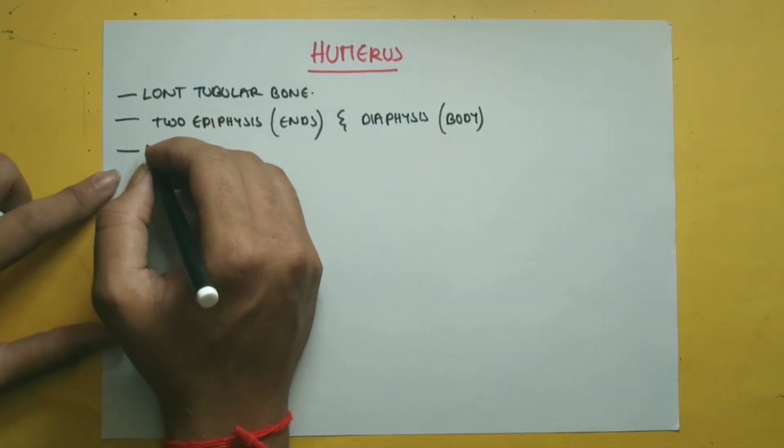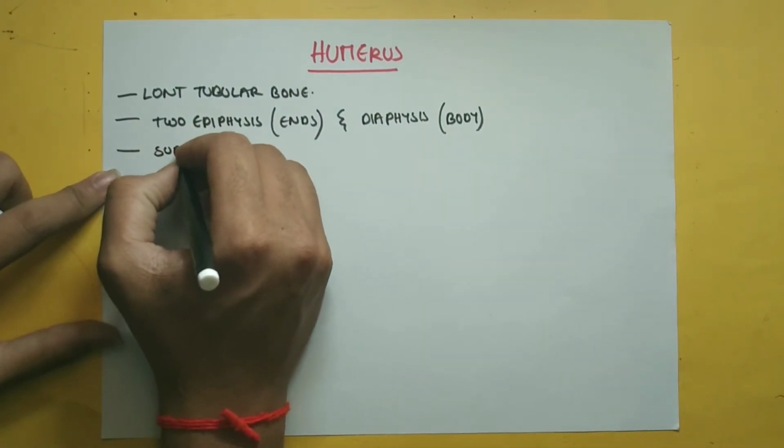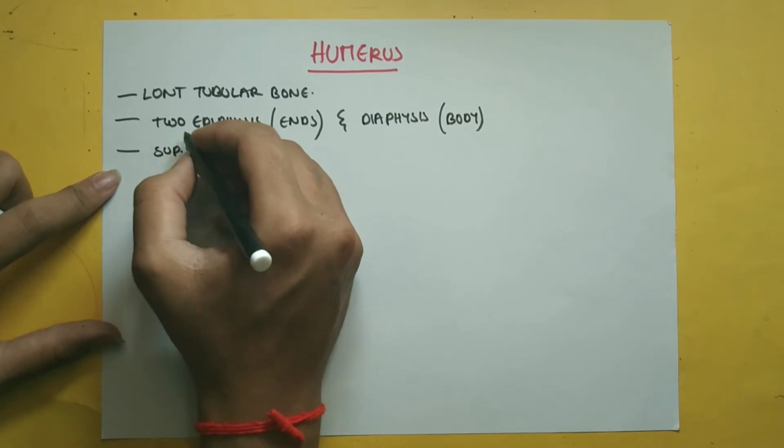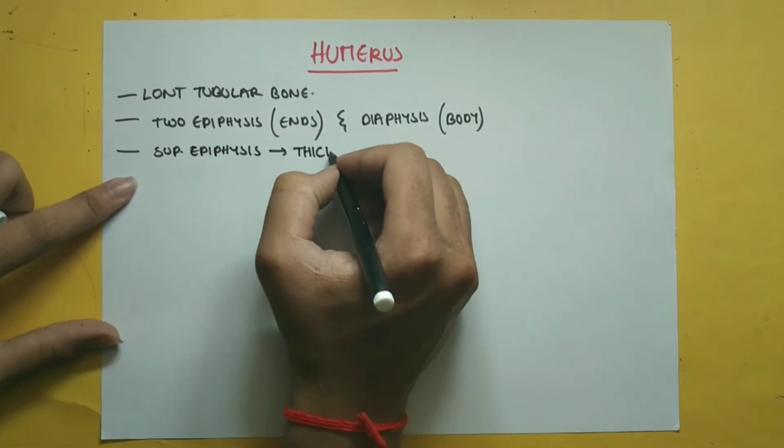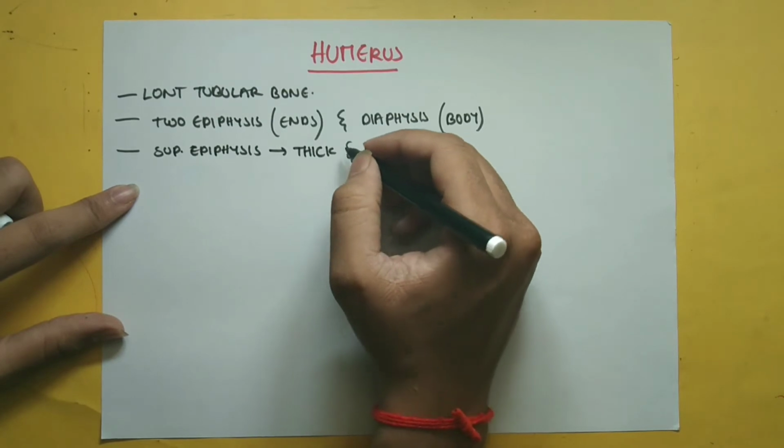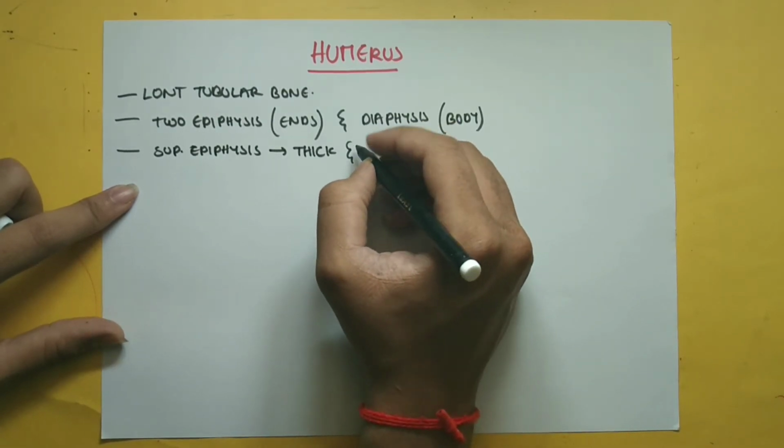In the humerus, the superior epiphysis is thick, and it's also known as the head of humerus.